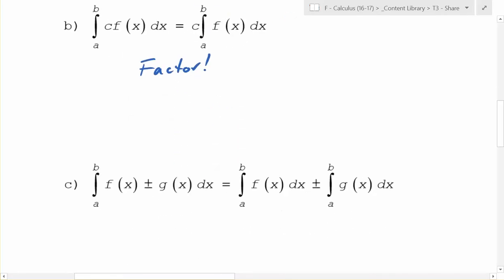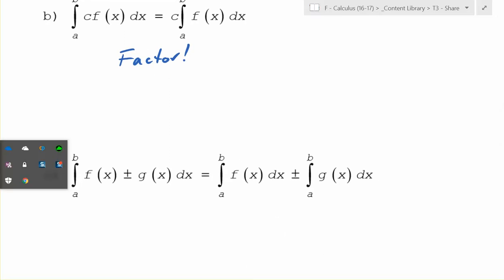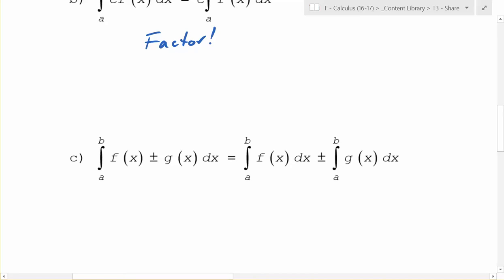What about this one right here? What does this say? Even though what is written up here is totally mathematically proper, I like putting big parentheses around it. That's just you're taking the integral of that. What does this tell you you can do, David? Separate it? Yes, exactly. The integral of the sum of two functions or the subtraction of two functions can be done separately.